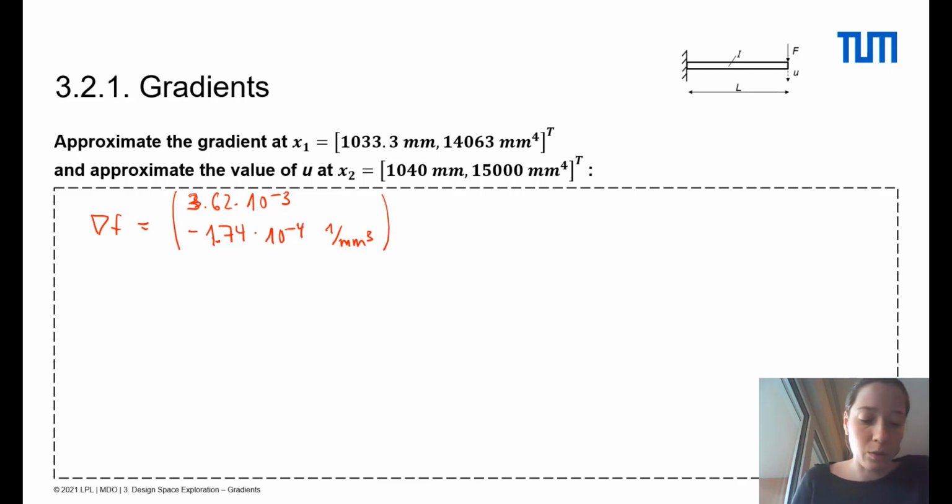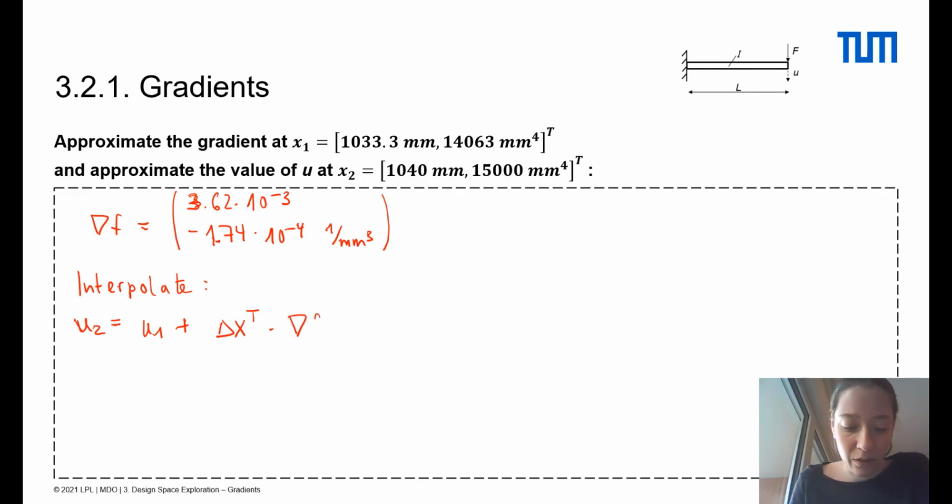And now we need to approximate the value at x2. So we're gonna interpolate. So u2, which is the value of u at x2, is u1, so the value of u at x1 plus, and now we need the delta, and we need to multiply that with the gradient.